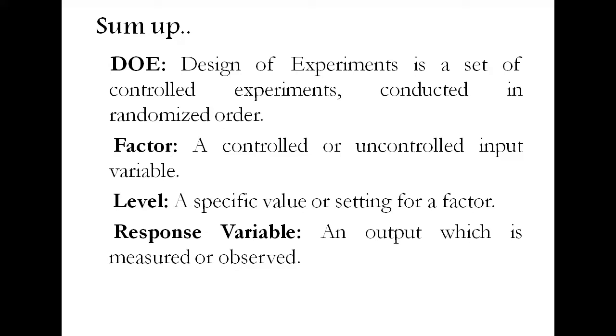These are the controlled parameters. Level, as we already said, is a specific value or setting for a factor. So levels of factors are lower level, medium level, higher level. How much value you take for the particular process. Response variable is an output which is measured or observed. Based on the input variables, we get the output responses. Thank you.